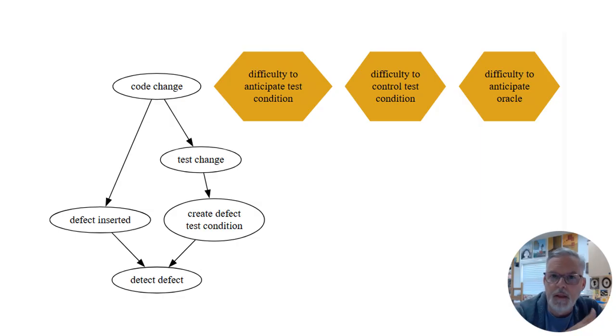Likewise, anticipating the oracle. An oracle is something that tells us if what we're observing might be a problem, right? Some oracles are very easy. It might be, if I click add on an item, then that item should show on the next page or should show in the database as in my shopping cart, and I can query the database.